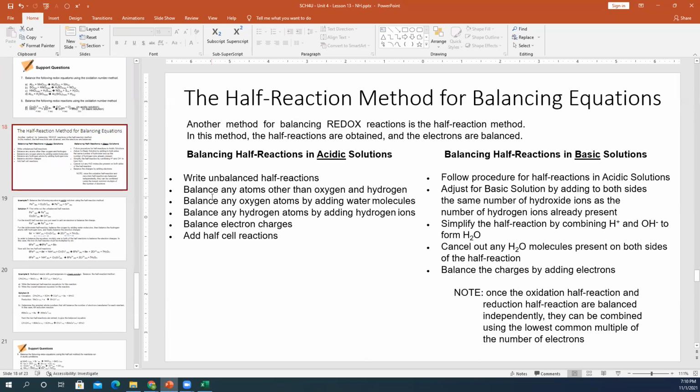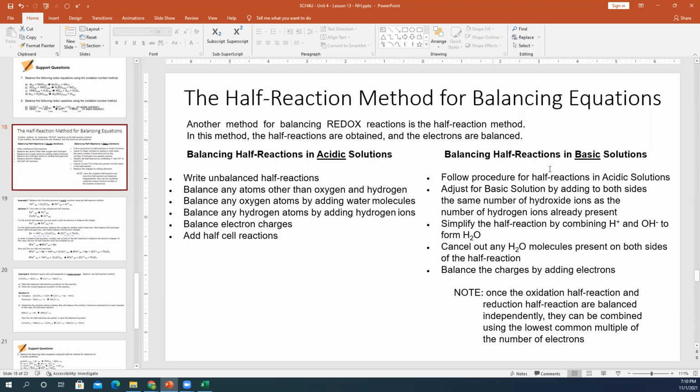In this half reaction method, you start by looking at the half reactions, and the electrons of these half reactions then have to be balanced. So for balancing these half reactions in an acidic solution, these would be your steps to follow.